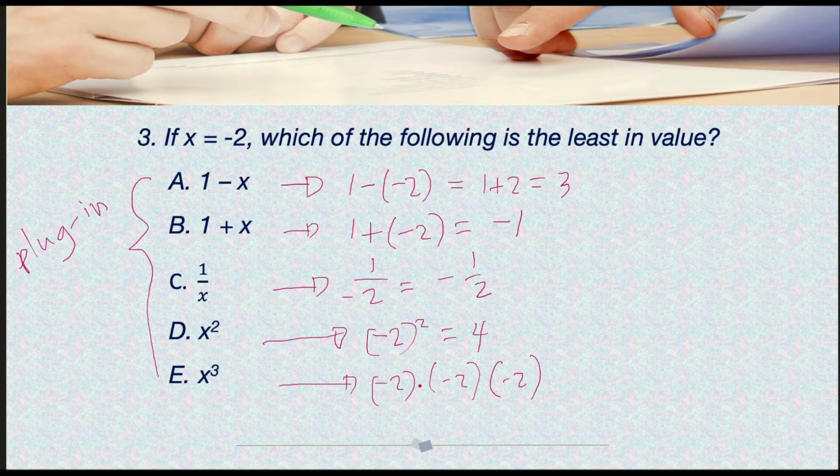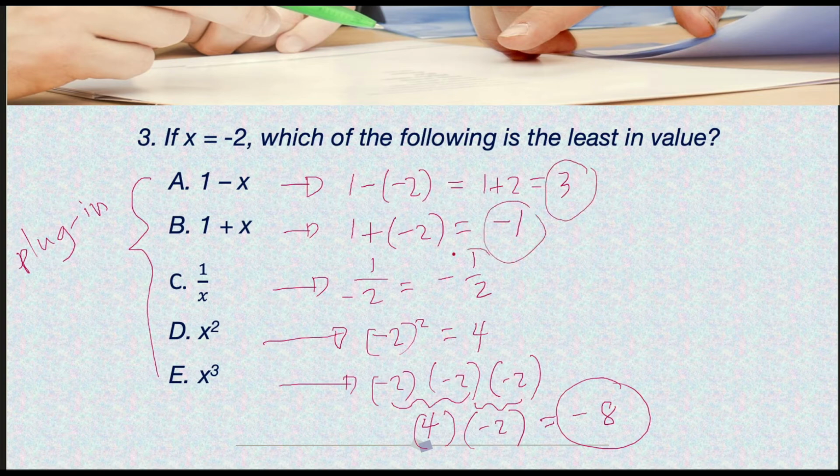So -2 times -2 is +4, times -2 again, 4 times -2 is equal to -8. Among these values, which is the least or the smallest? Is it 3, -1, -1/2, 4, or -8?